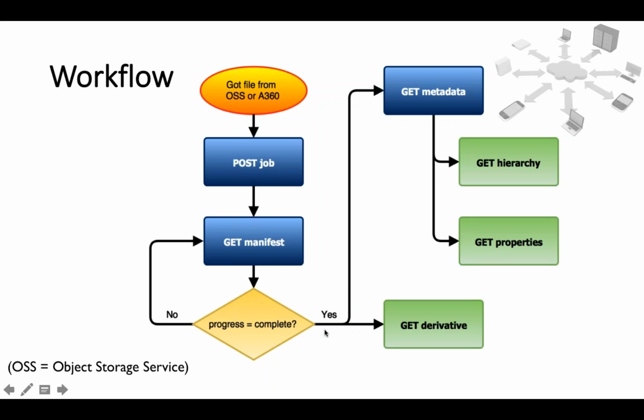Once the derivative is available, you can access the metadata endpoint that gives you access to the model hierarchy and the properties, and you can also download the derivative, so access the data, the file like the OBJ and so on. Or in case of the SVF, you can load the model, the design, inside the viewer.